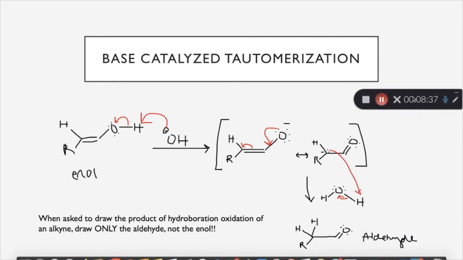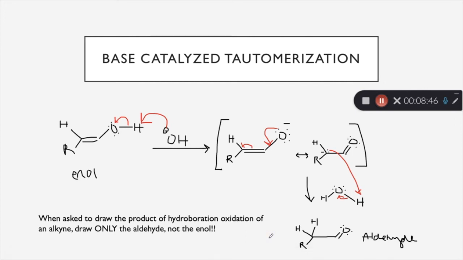Let me move this. And that is where we get to this aldehyde. So when asked to draw only the product of the hydroboration-oxidation reaction of an alkyne, you only draw the aldehyde, not the enol. Remember, this is the enol, and that is what is transformed into the aldehyde in this case.